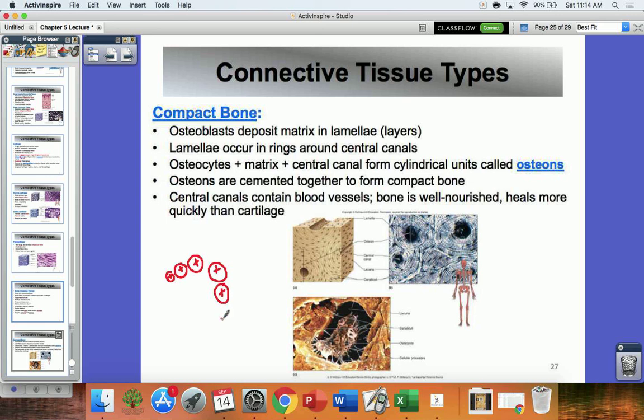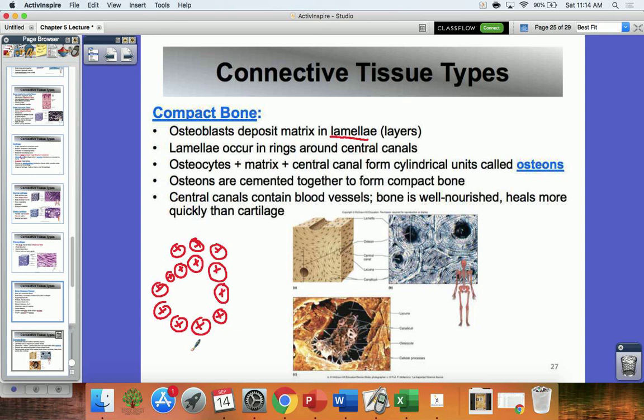And so they are arranged in very specialized, very particular rings. And this ring that I formed here, that's called a lamellae. And I said ring, but you can also use the word layer, because we have many layers of osteocytes inside lacunae. It keeps layering around and layering around.